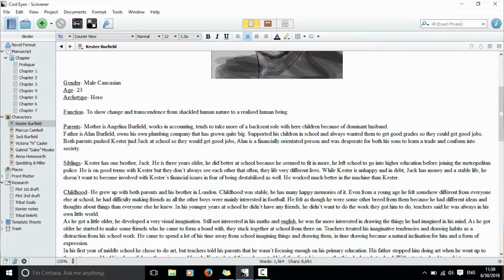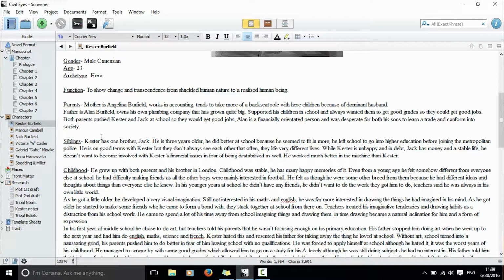I do that for both parents, and you can go into some detail about how they may have psychologically affected the character growing up. Siblings. Does the character have brothers and sisters? Again, a similar thing: what are the siblings like, and how may they have affected the character?